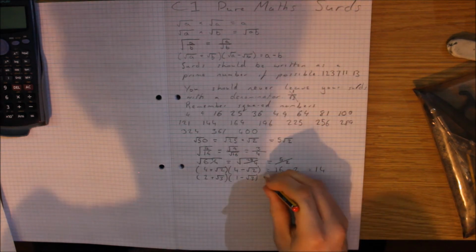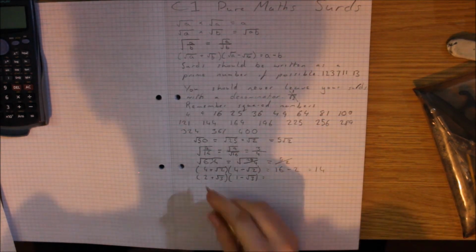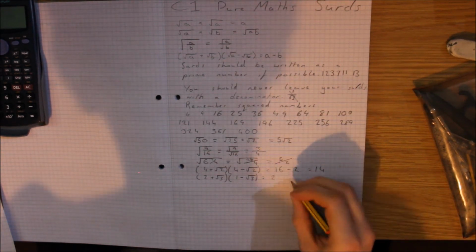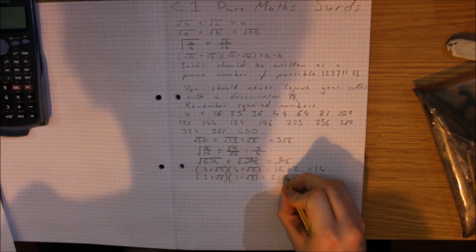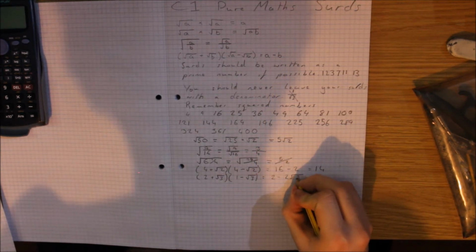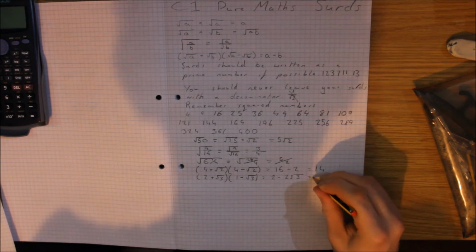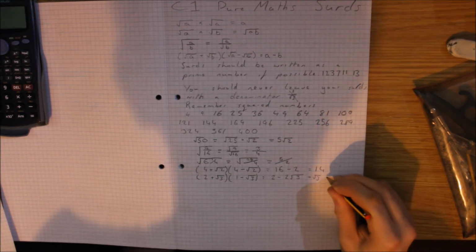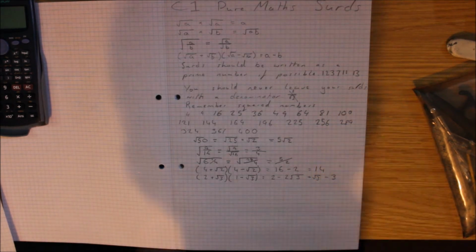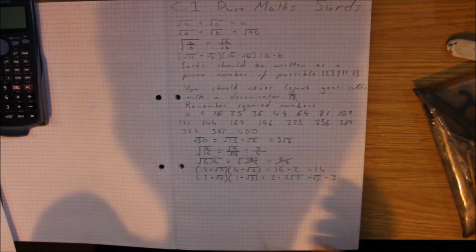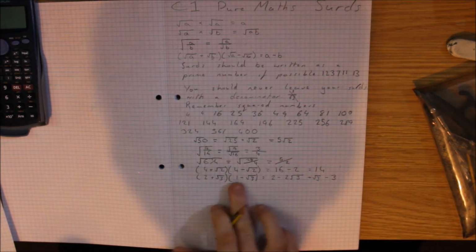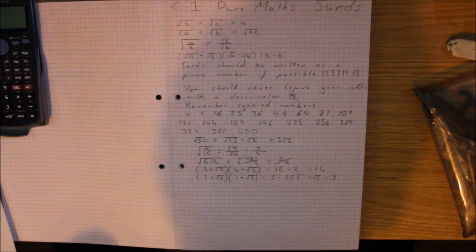So we'd start 2 minus 2 root 3 plus root 3 minus 3, and as you can see, it does not equal like the first one that we did.